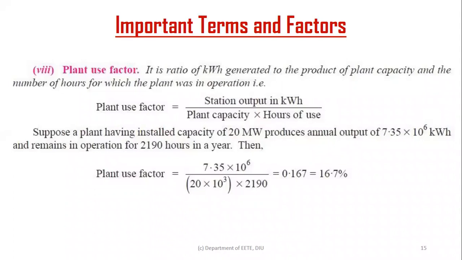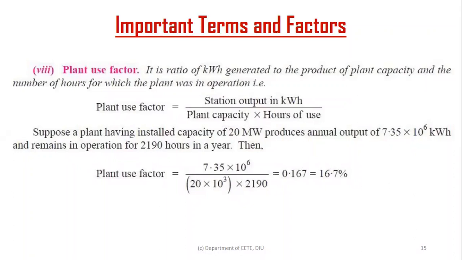So suppose a plant has an installed capacity, or plant capacity, of 20 megawatt, and it produces an output per year of 7.35 into 10 to the power 6 kilowatt hour, and remains in operation for 2190 hours in a year.